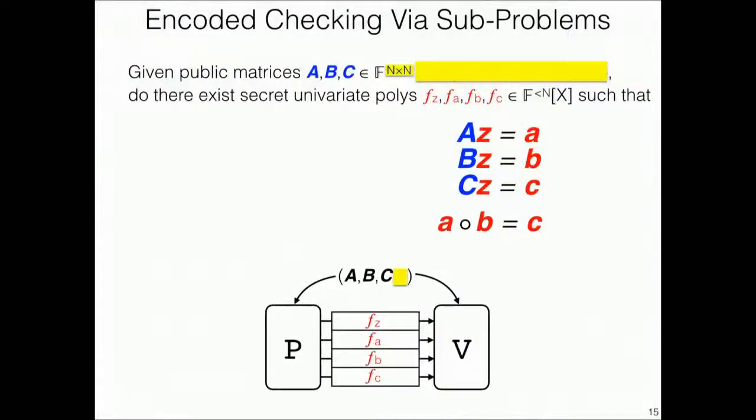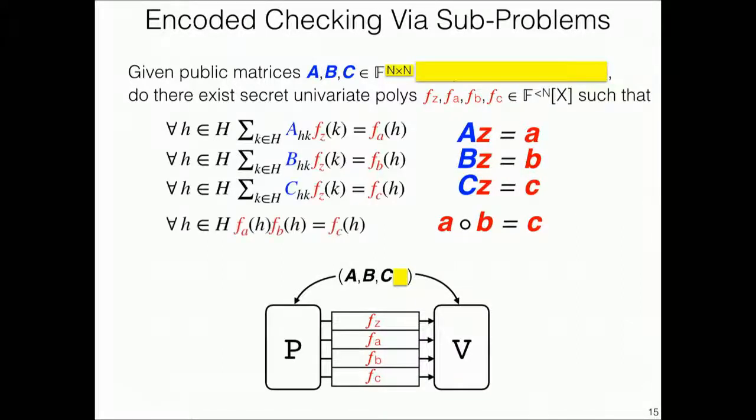At a very high level, what happens inside a protocol such as the one that we present in this work is that we translate each of these sub-problems that we have to check into corresponding questions about polynomials. So instead of talking about vectors and matrices, now we talk about operations on polynomials, on these encodings of execution traces, on which we can now probabilistically check certain properties.